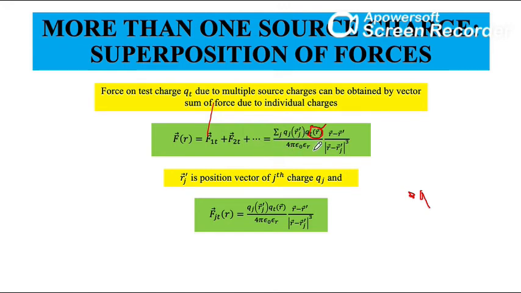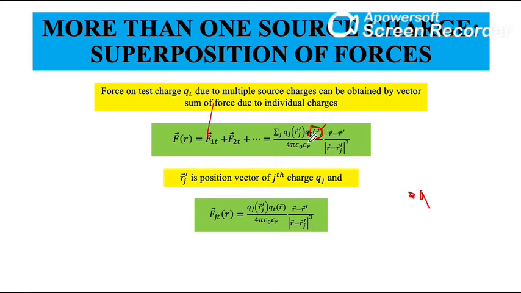How are these forces obtained? You simply find the force because of each of these source charges and then sum them together, and the summing happens only over the source charge distribution. That is why the summation sign is with j, over the source charges, not the field charge.